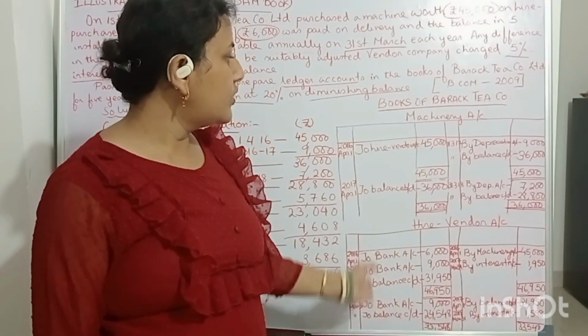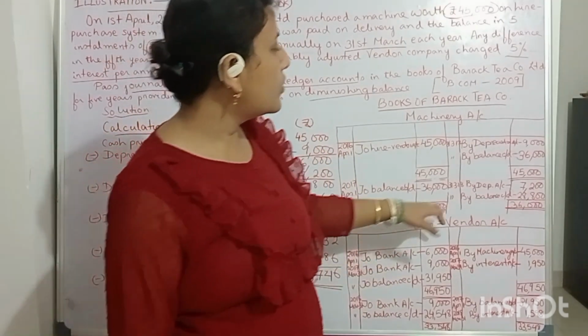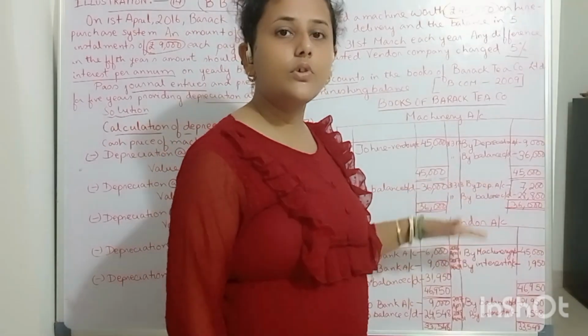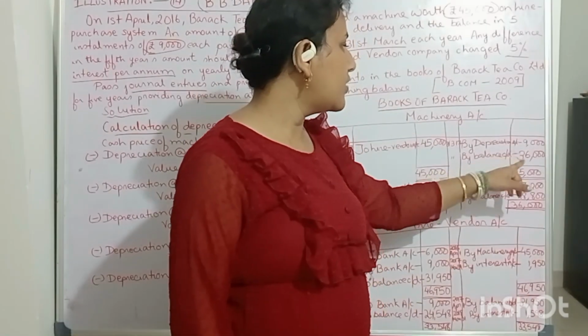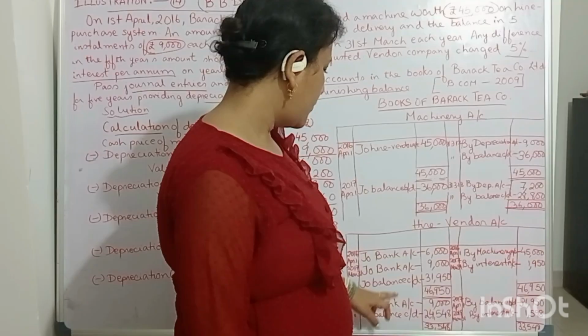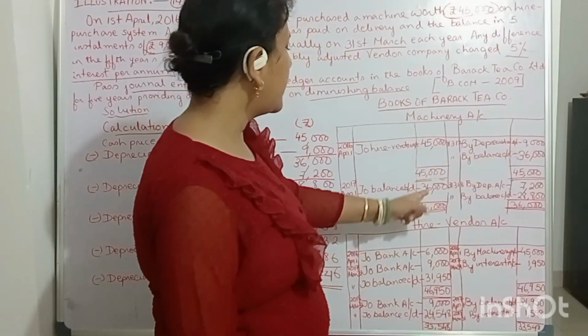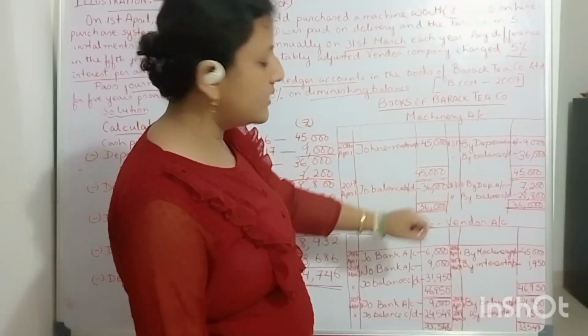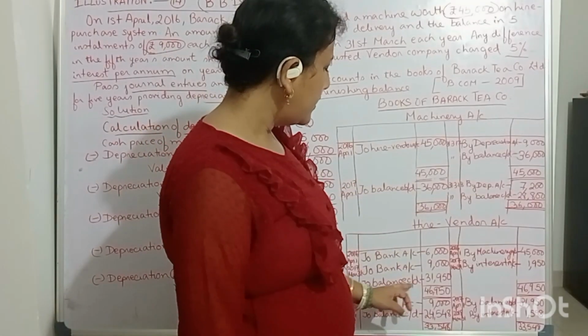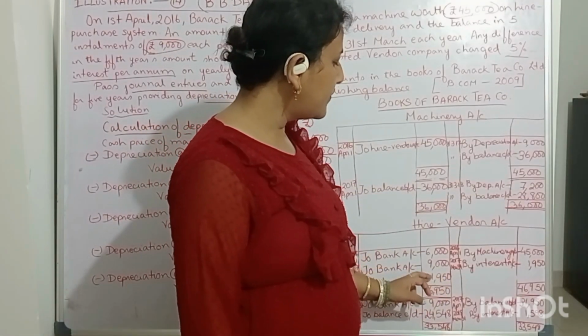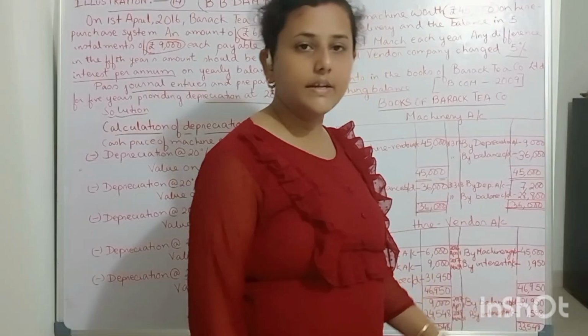Then for the next year, after closing the accounts for the first year, you take out the CD and BD. In both accounts you will get 36,000 over here. You transfer it to the next year; in the first year you get 31,950, and you transfer it in the second year.